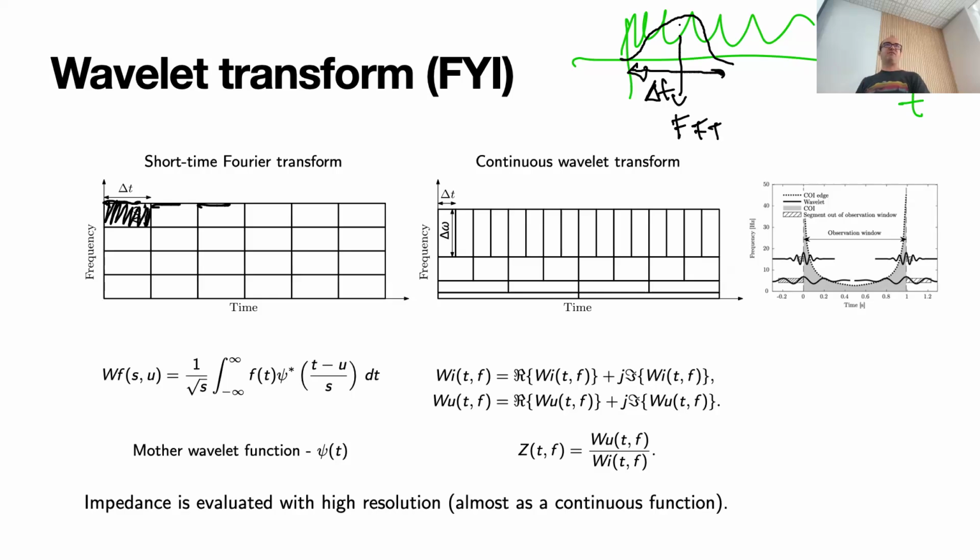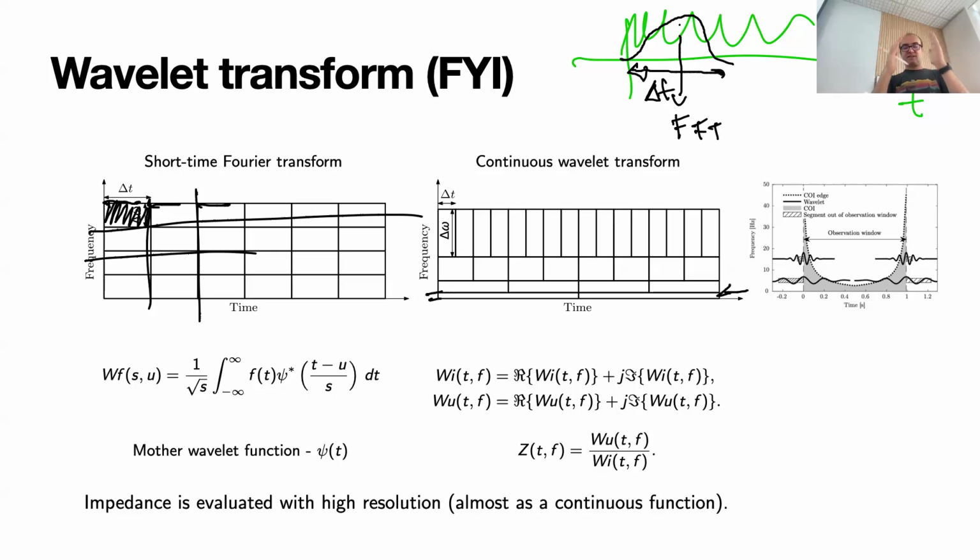And the wavelet transform actually does this. Instead of having a flat grid like here, we have an adaptable grid. So signals that are really slow with long duration have really, really fine frequency resolution, but really bad time resolution.